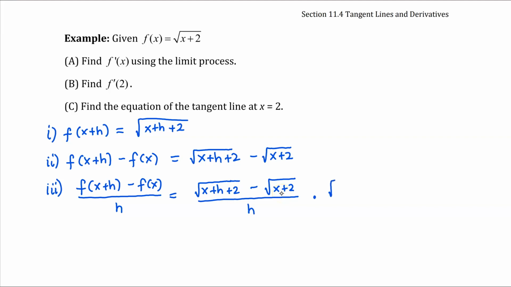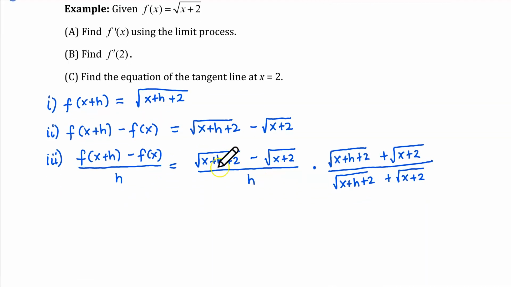So we have the square root of x plus h plus 2, and then plus square root of x plus 2, divided by the same expression, square root of x plus h plus 2 plus square root of x plus 2.